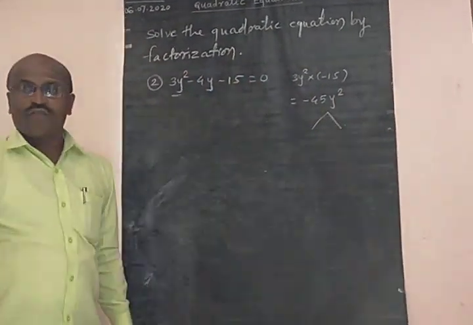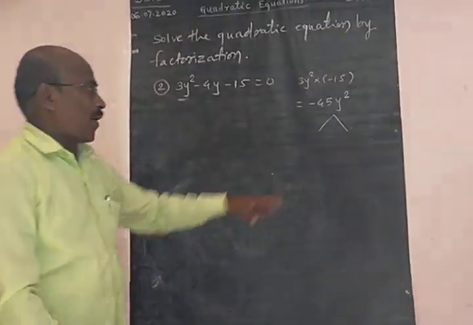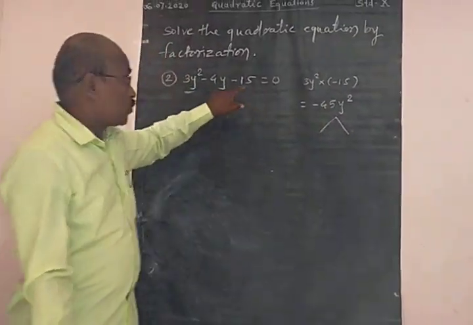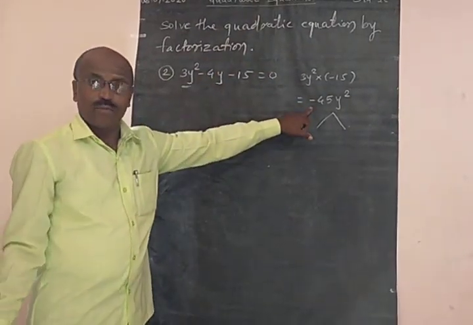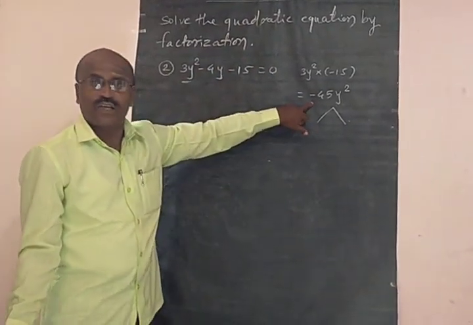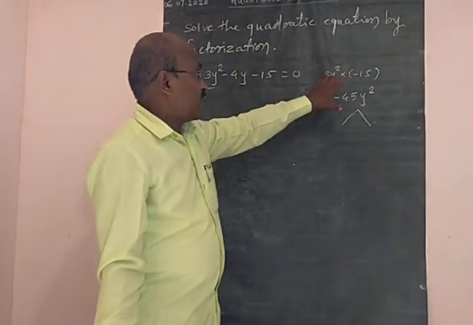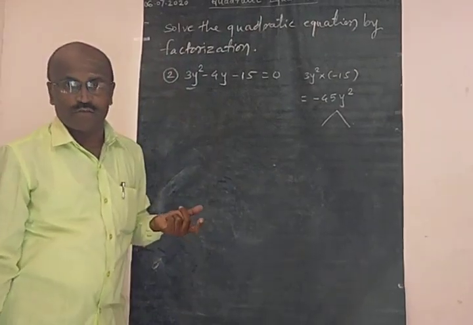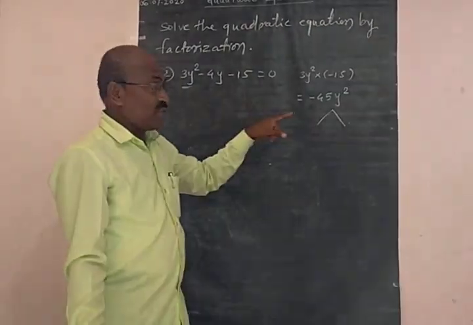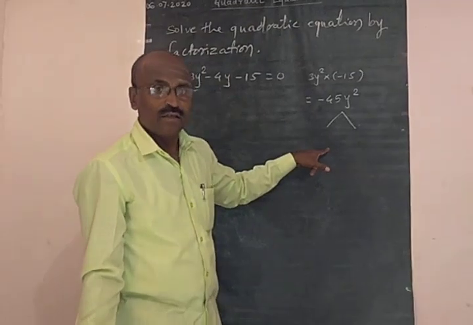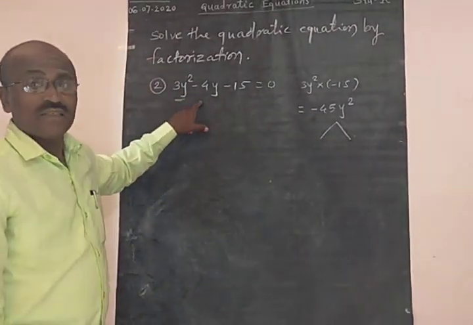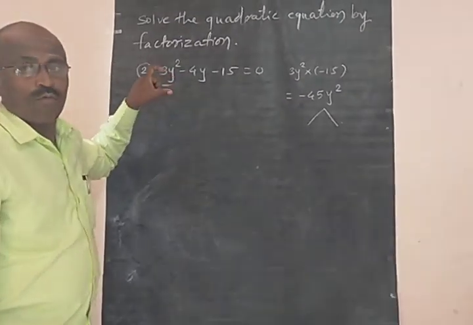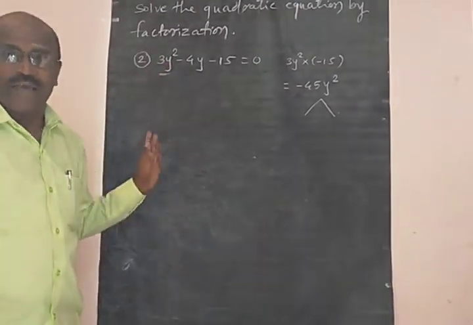So again find the two factors of minus 45y square such that their product, that means multiplication, is minus 45y square. म्हणजे त्या दोघांचा गुणाकार काय आला पाहिजे? minus 45y square आला पाहिजे. And the sum will be minus 4y म्हणजेच त्यांची बेरीज वजा 4y आलं पाहिजे.